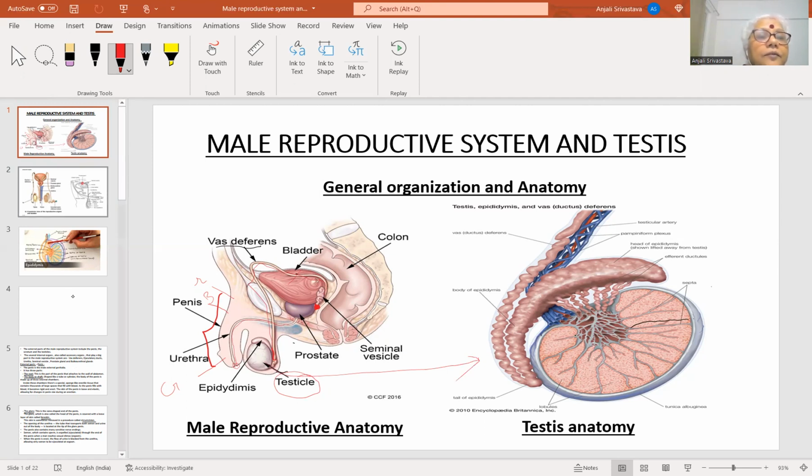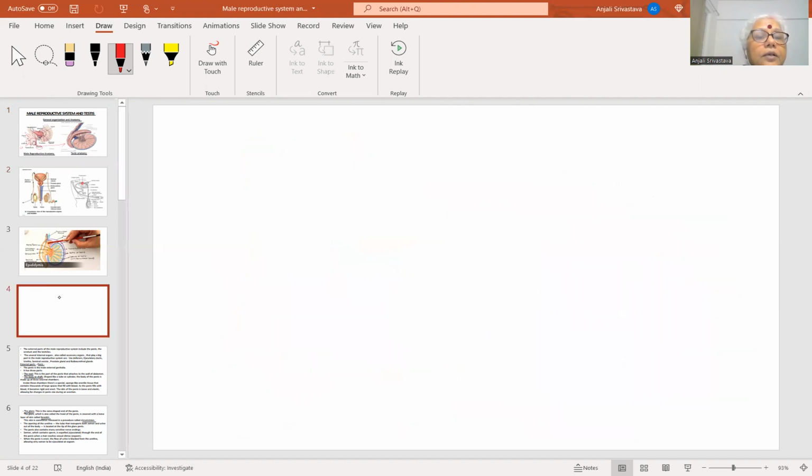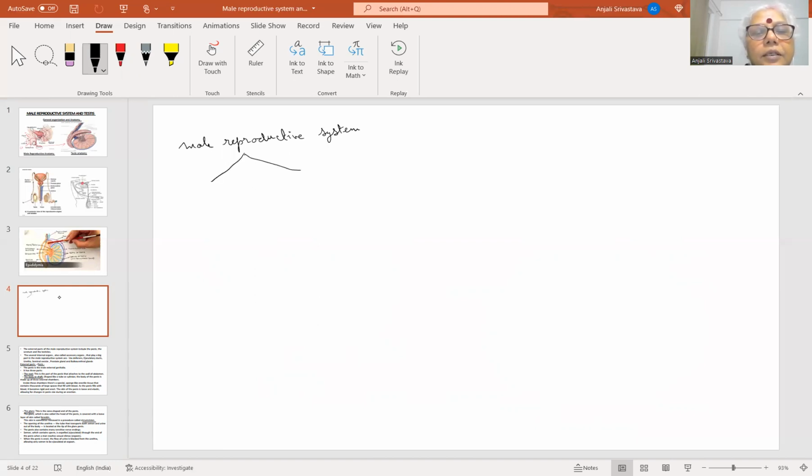Let us start with the details of this male reproductive system, which can be divided broadly under two headings: the external parts and the internal parts.